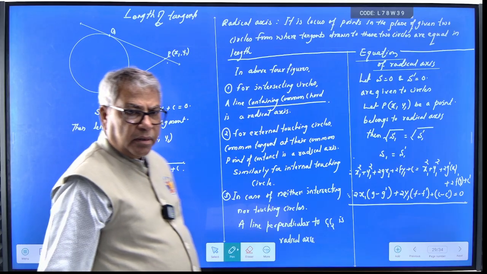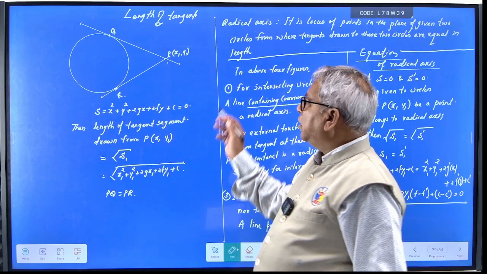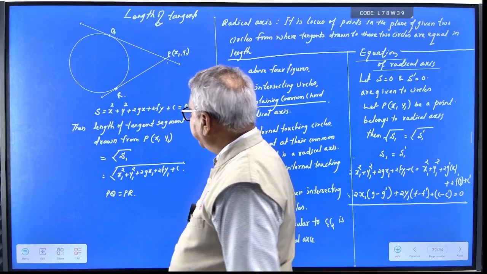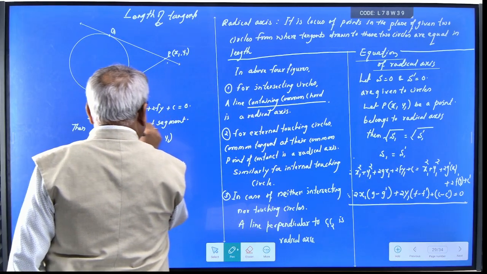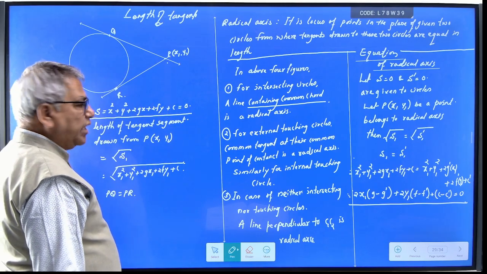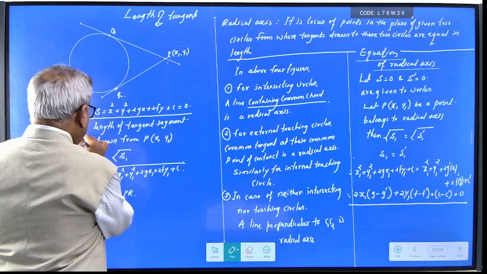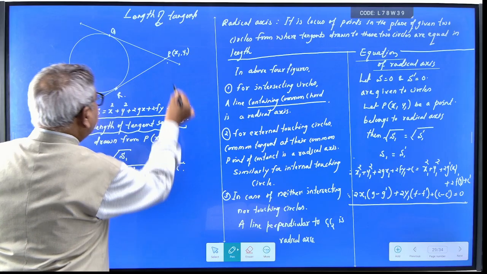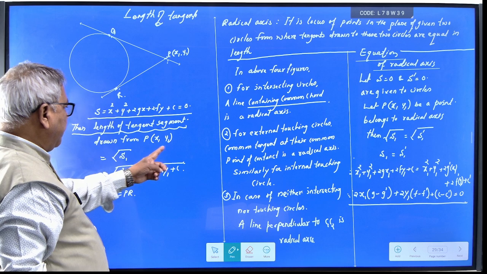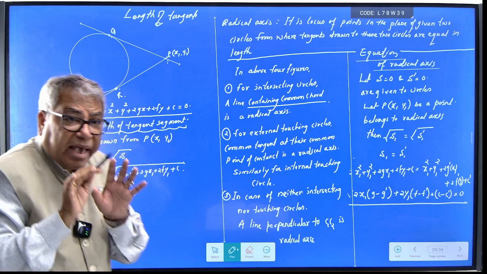From point P, tangents are drawn to the circle, which touch at points Q and R. Let S equal x square plus y square plus 2gx plus 2fy plus c equal to 0. Then the length of the tangent segment, that is PQ or PR, from point P(x1, y1) is root S1.